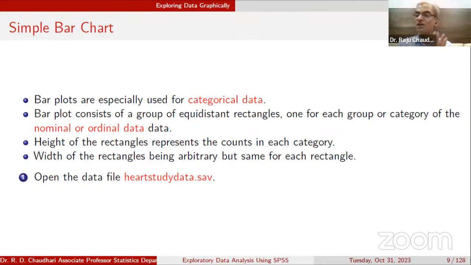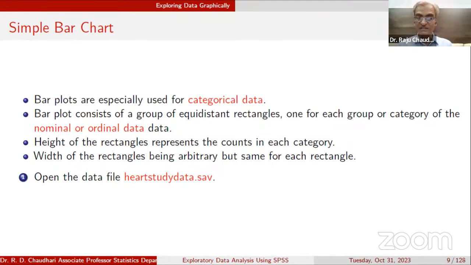Now we will discuss all these visualization or exploratory tools with the help of the heart study data. I shared yesterday how to prepare the SPSS data file from Excel. We have the Excel data file for the same heart study data, and then we converted that to heart study data.sav, which is an SPSS data file.